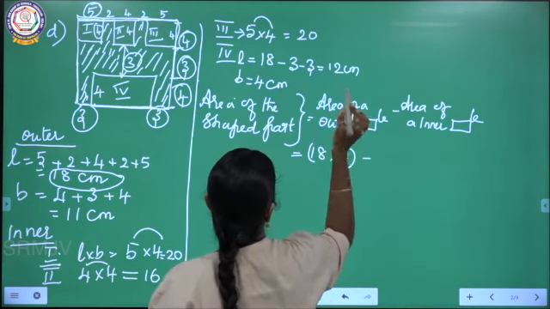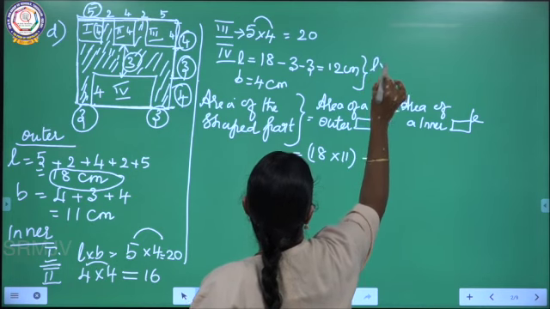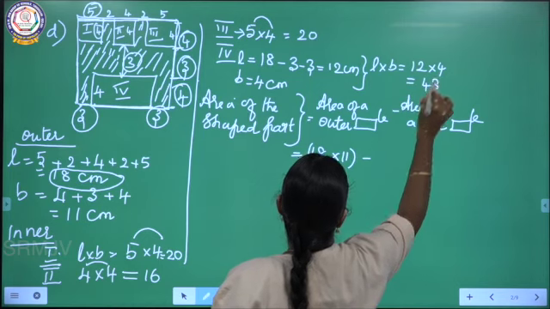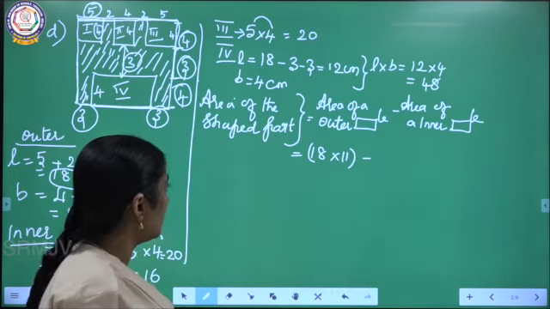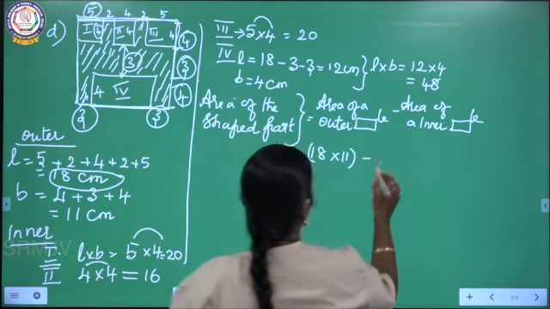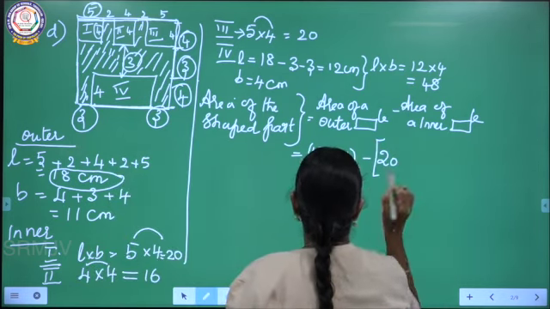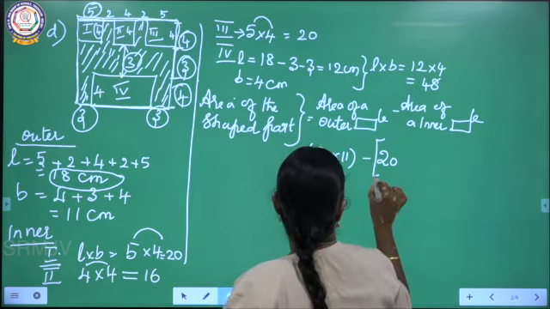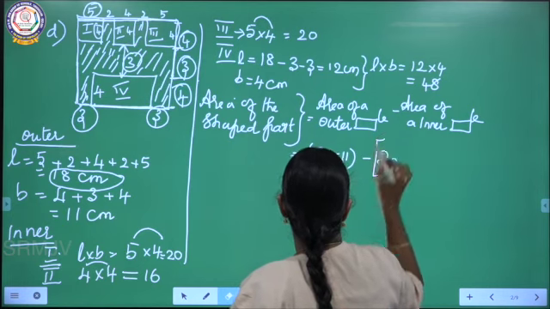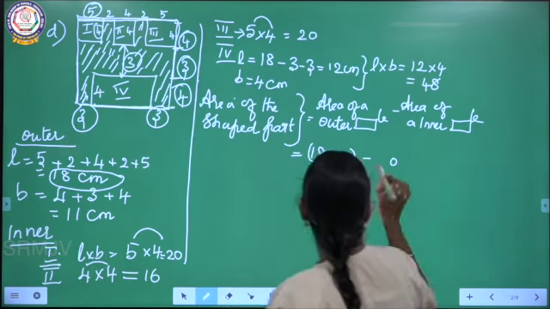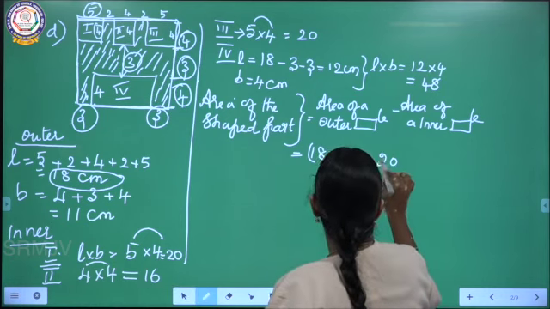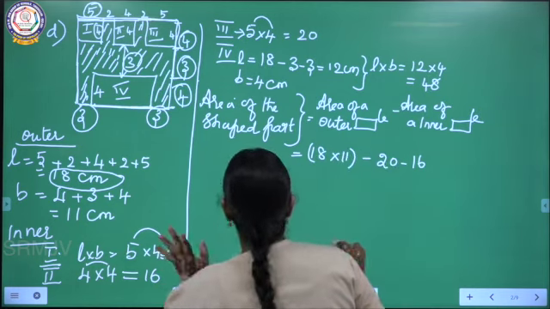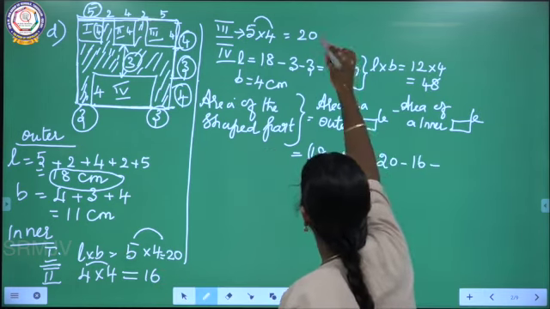Now for the fourth one, what is your length and breadth? L into B is what? 12 fours are 48. So just I am going to subtract all those things. 20, or else I can write like this also. 18 minus 11, 20 minus 16, first rectangle, second rectangle, third rectangle.